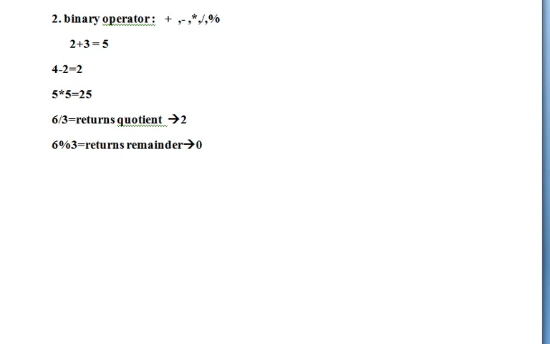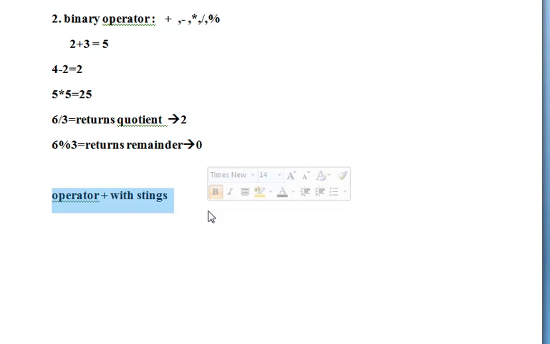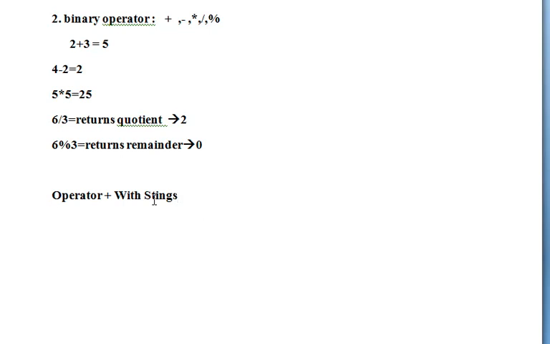Next is using the plus operator with strings. As I have told you earlier, when we use the plus operator with numbers, it gives you numbers in return, meaning arithmetic calculations only, like 2 and 3 both are numbers, so it will give you 5.